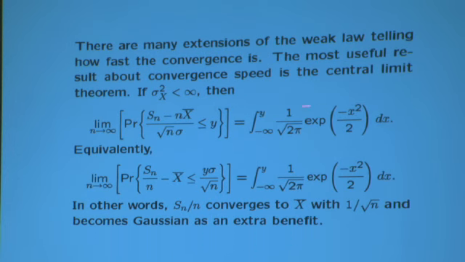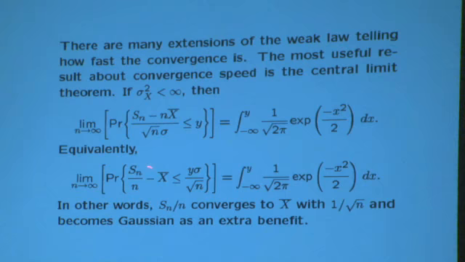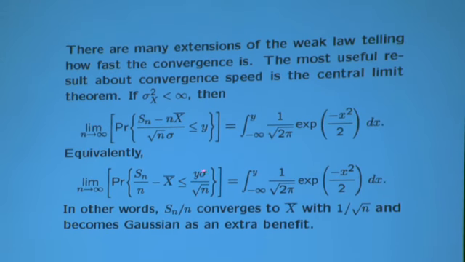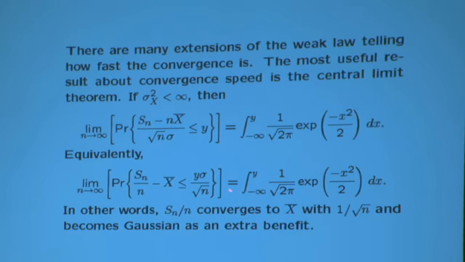And that becomes a little easier to see if you look at it this way. It says the probability that Sn over n minus x bar, namely the difference between the sum and the mean which it's converging to, is less than or equal to y sigma over square root of n is this normal Gaussian random variable.